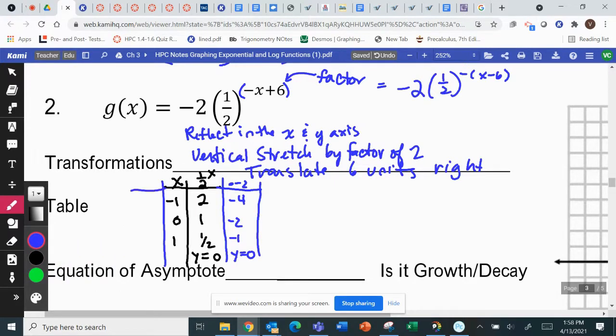And then on the x side, we have to multiply by -1 first. And then we will add 6. So my asymptote is y equals 0.